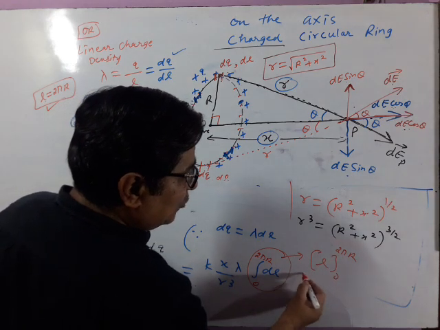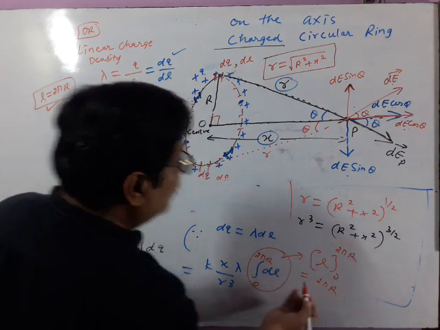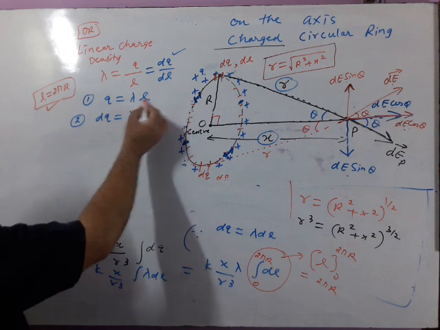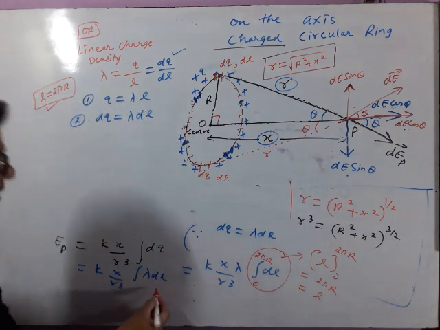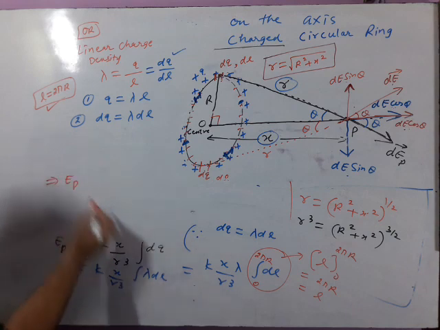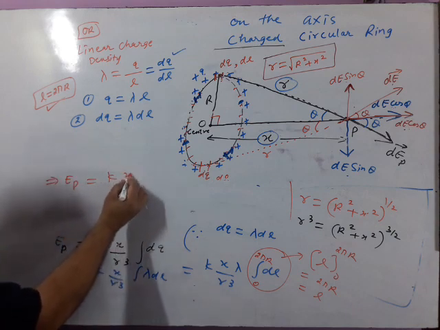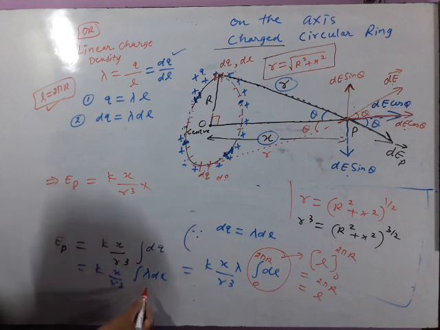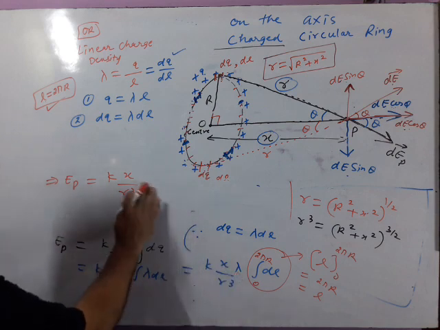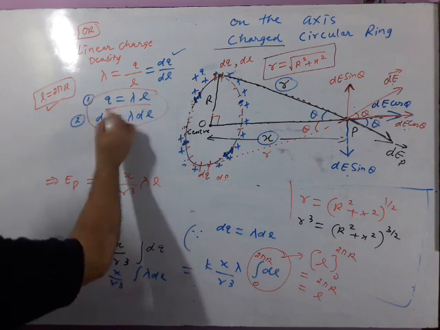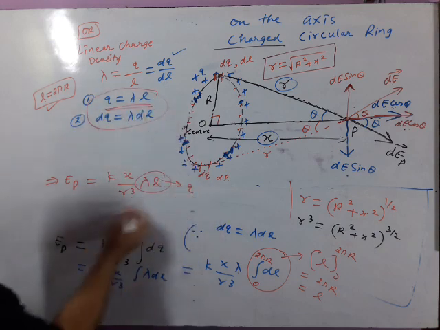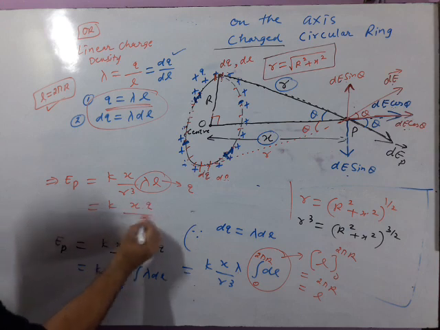Now upper limit minus lower limit, it will be 2 pi r. Now what is 2 pi r? 2 pi r is this length. So again you can write L. So the final answer will become, after this step, kx by r cube into lambda into L. See, what is lambda into L? Again it is q. So kx into q by r cube.